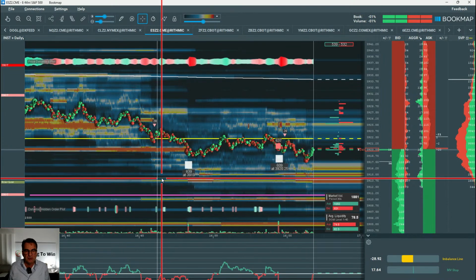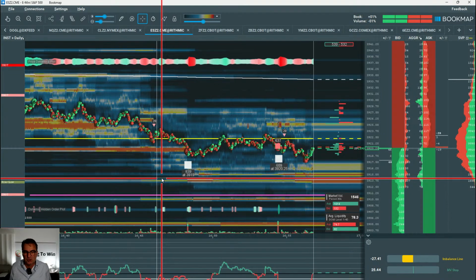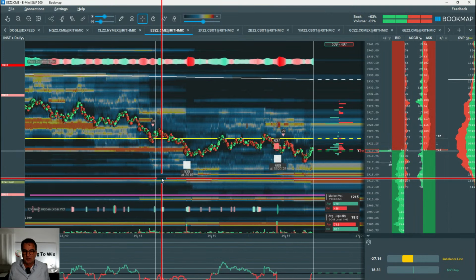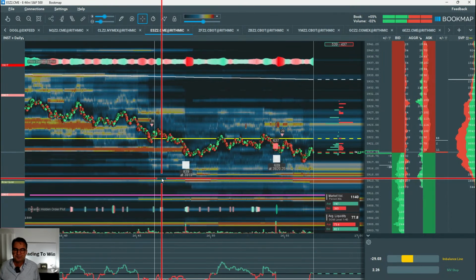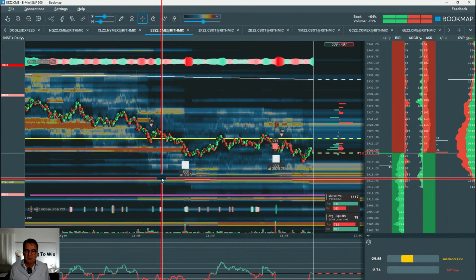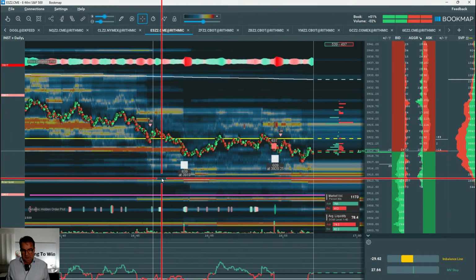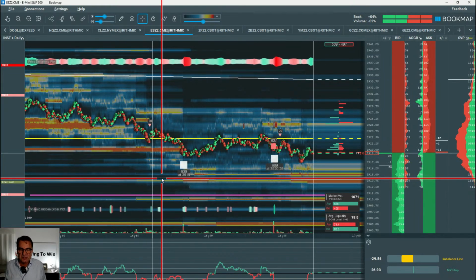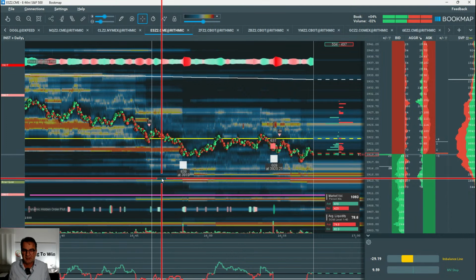Please adjust your VWAP to show you the full day. That's what I learned when I was with an investment bank. They are watching the VWAP, when the VWAP starts for the day, for instruments, stock or whatever.